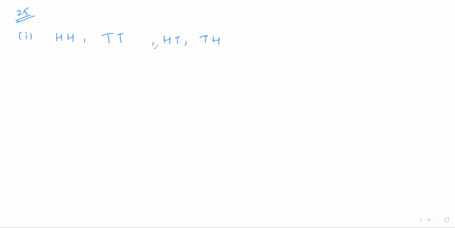So basically there are 3 types of combinations: both heads, both tails, and one of each. Therefore, for each of these outcomes, the probability is 1 by 3. So according to the question, the probability should be 1 by 3. Let us see.